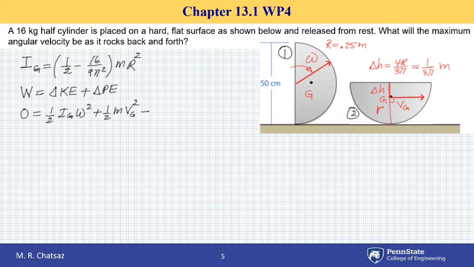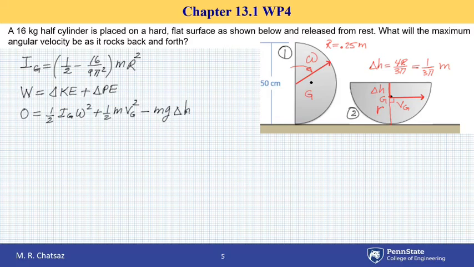Therefore, there is a decrease in potential energy, which is minus mg, and the change in vertical elevation from position 1 to position 2 is what I've labeled as delta H. So that's what I'm going to have for change in potential energy.